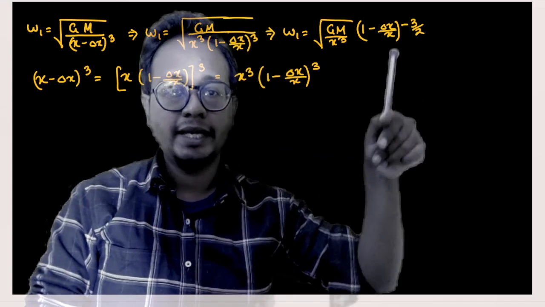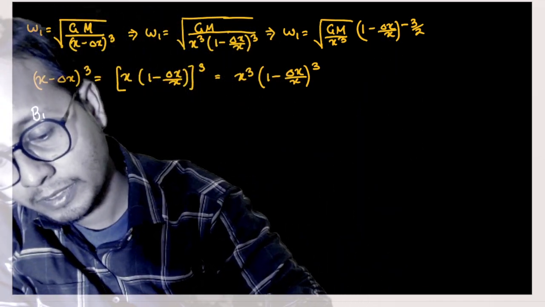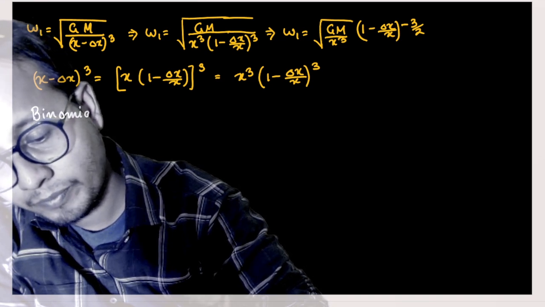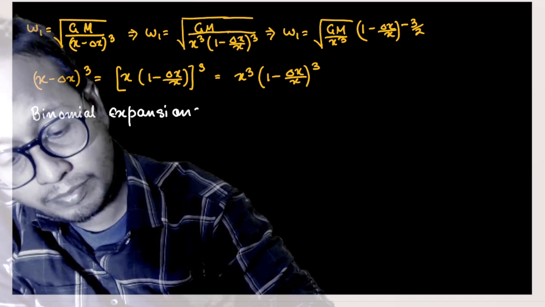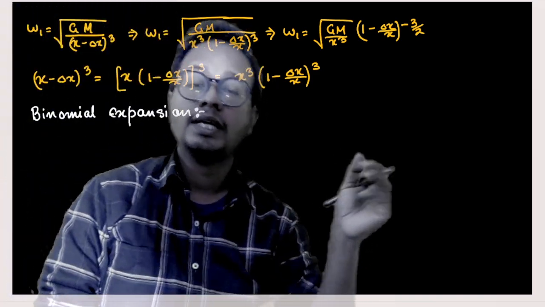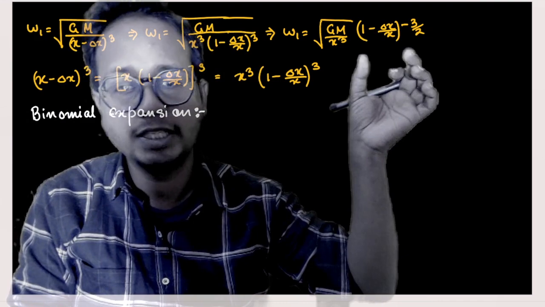We know that delta x by x is much lesser than 1. So this is a case for binomial expansion. Whenever in your entire syllabus you have to ignore anything, 99% of the time you use binomial expansion.